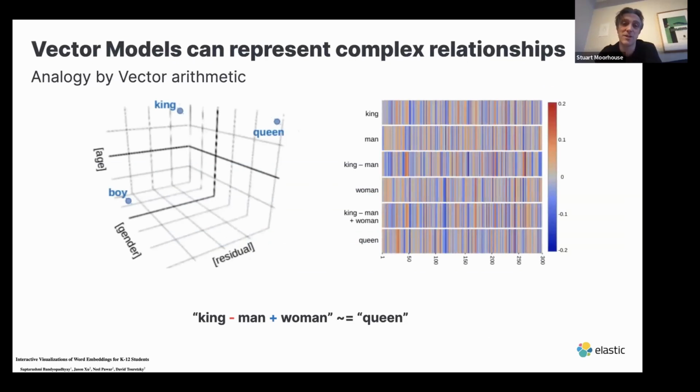As vectors are numerical, vectors can be used for mathematical functions. And this is where some really interesting things become apparent. If we imagine taking the vector for king, and then from that, taking the vector for man and adding to it the vector for a woman, then we will get the vector for a queen.